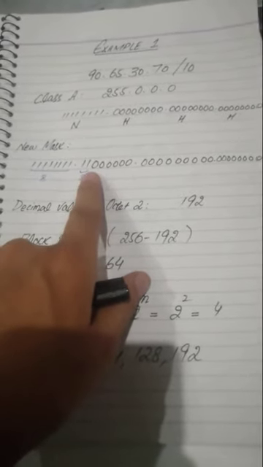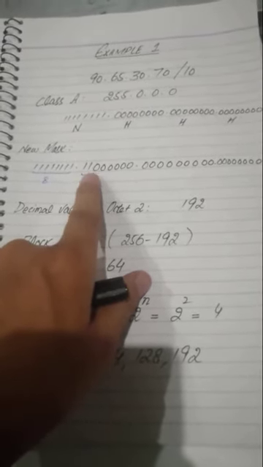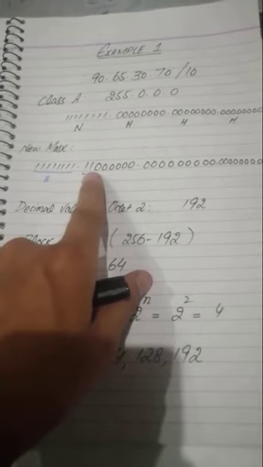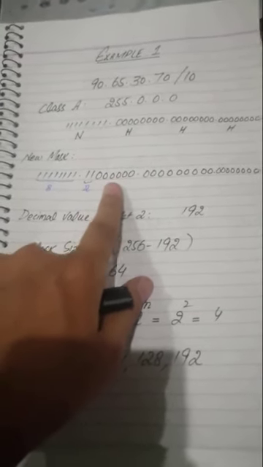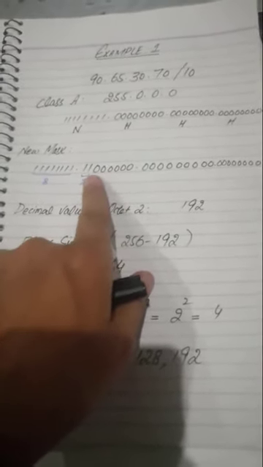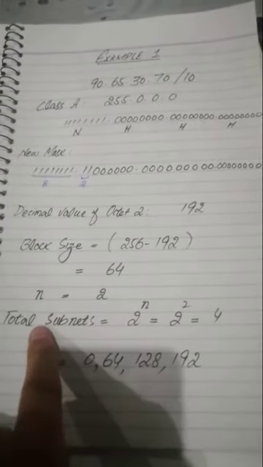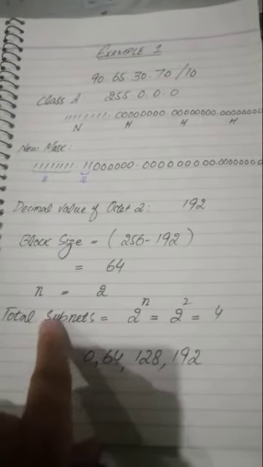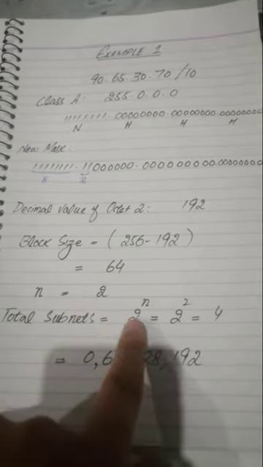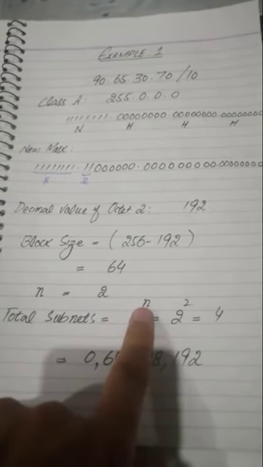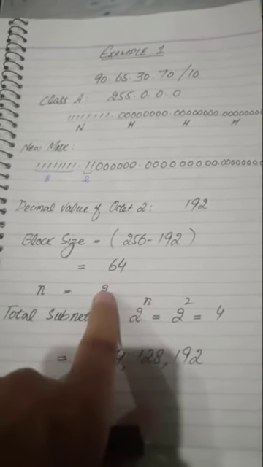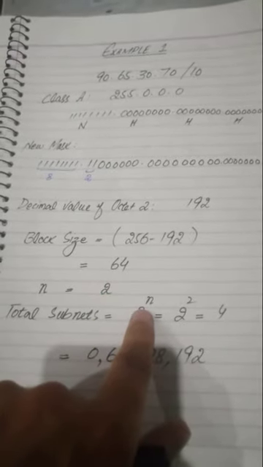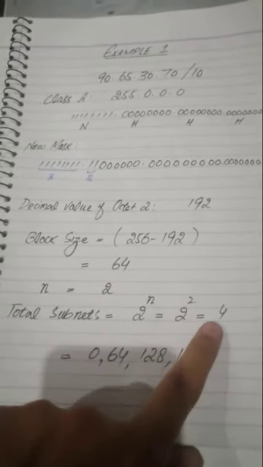The total number of network bits we are basically borrowing from the host part are 2. So we have a formula for calculating subnets, which is 2 raised to power n. The value of n here is 2, so 2 raised to power 2 is equal to 4.